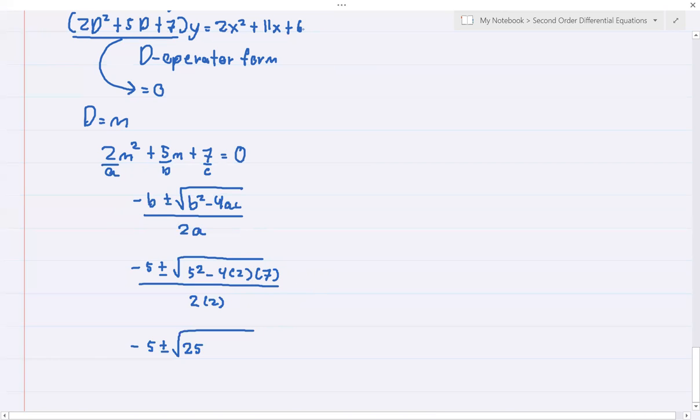Wait, let me check if I'm wrong. Yep, I'm correct. It's actually 56. So 4 times 2 is 8, times 7 is 56. There you go. So we're going to simplify. 2 times 2 is 4.